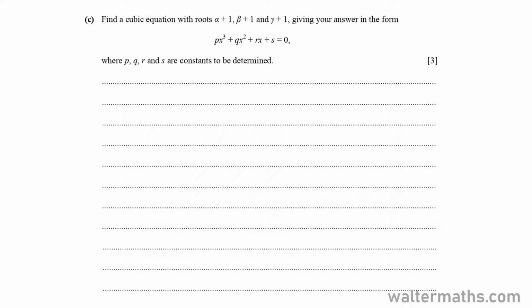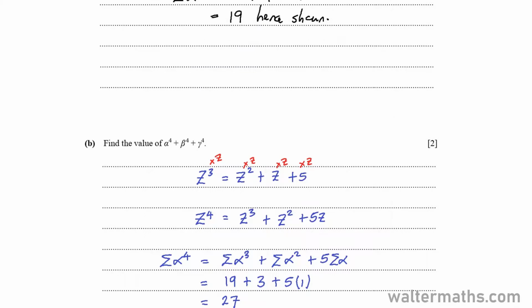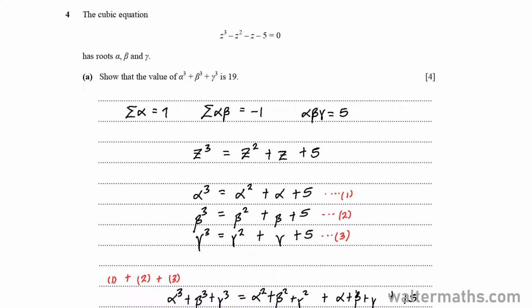Okay, so for this one, considering the form of the roots, we're going to use the method of substitution, and we'll say let x be equal to z plus 1. So we can make z the subject, so z will be equal to x minus 1. So by substitution, we are going to substitute z into the original equation. Now the original equation is this one here, so let's just take it.